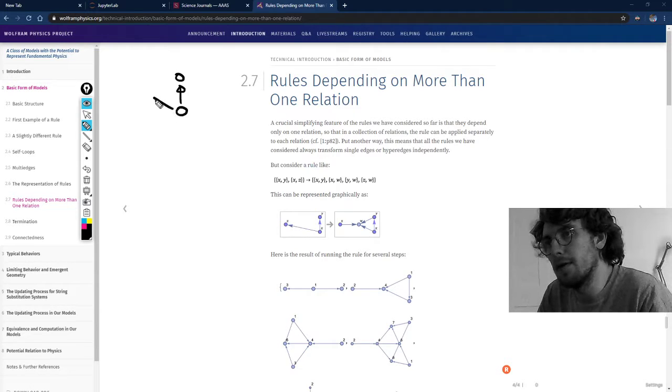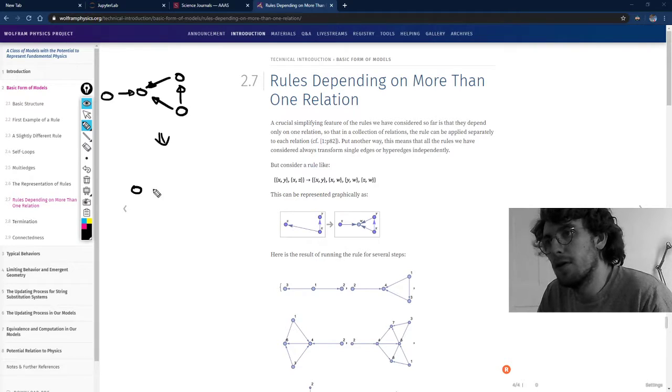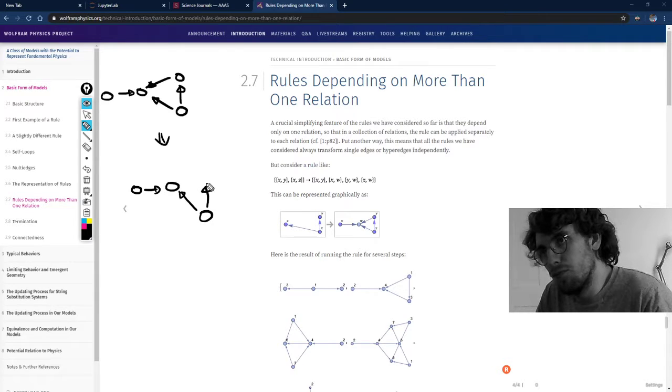So I've got X, Y, W, Z. The first thing I should do is keep X stuck to Y. Great. Don't even need to change anything.